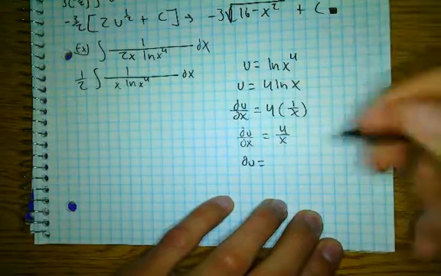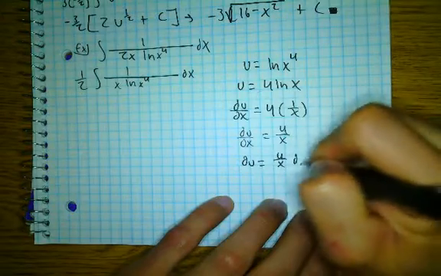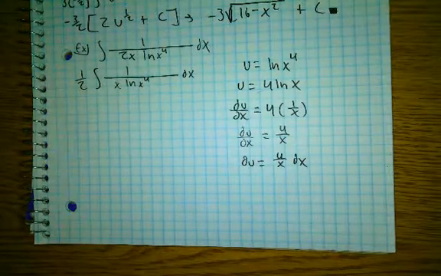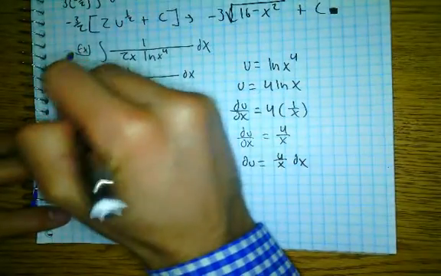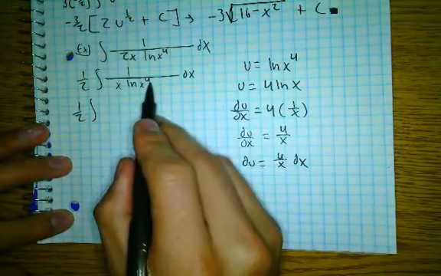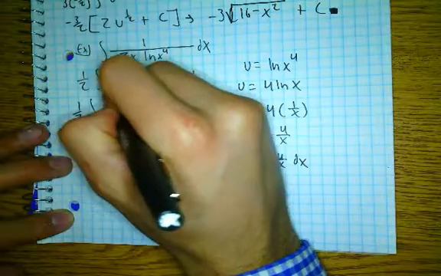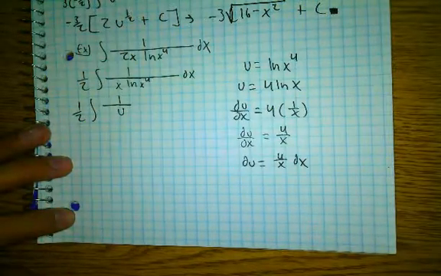Okay, with this one, I'm thinking, what if I start making substitutions to know what I've got to do? Well, I know that ln x to the 4th is u, so this becomes 1 over u. But I still have that x and that dx, right? Are you guys okay with me saying that maybe I can take this and multiply it to 1 over x dx?